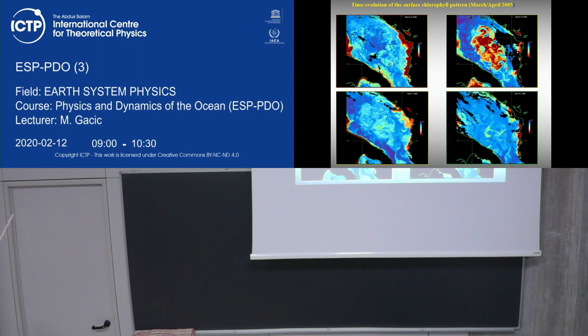Okay? And what we have seen here is that, for example, in this first specific image, there is a strong northeasterly wind.